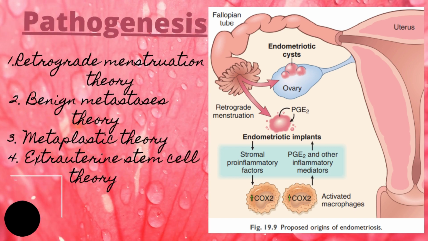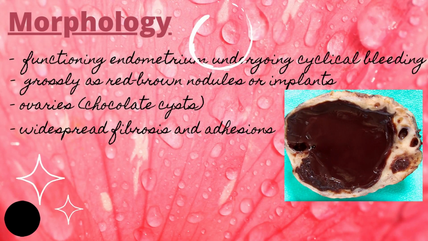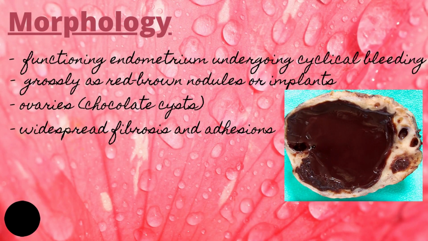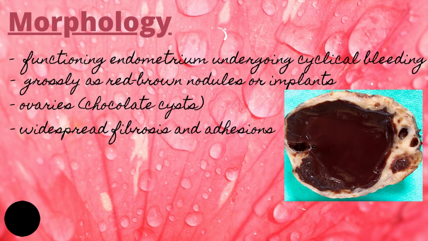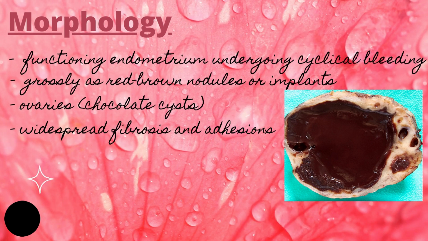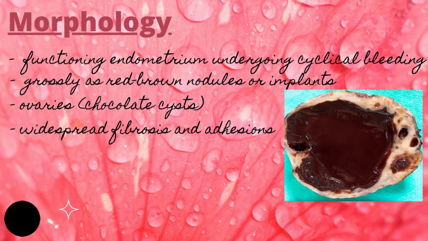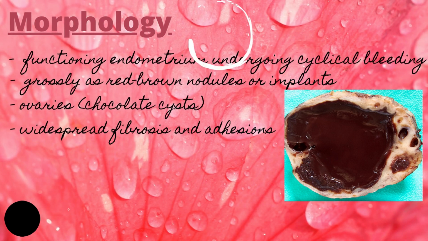Now let's talk about the morphology of endometriosis. As we have already discussed, endometriosis consists of functional endometrium that undergoes cyclic bleeding. So, they grossly appear as reddish brown nodules that range from microscopic to 1 to 2 centimeters in diameter.